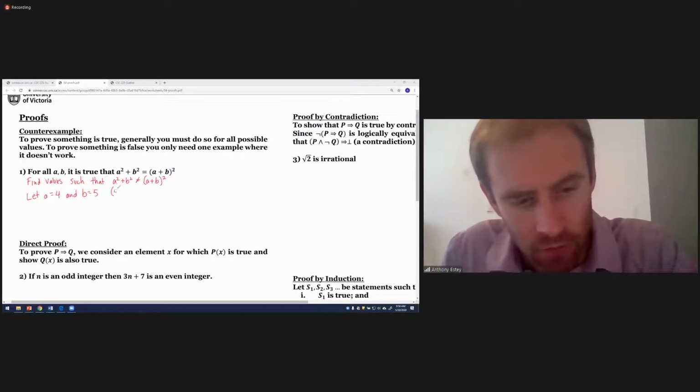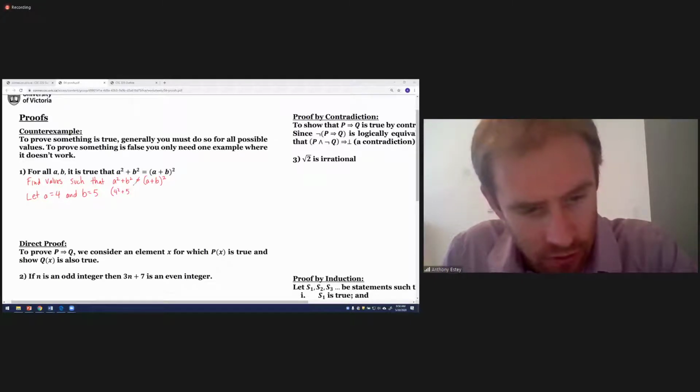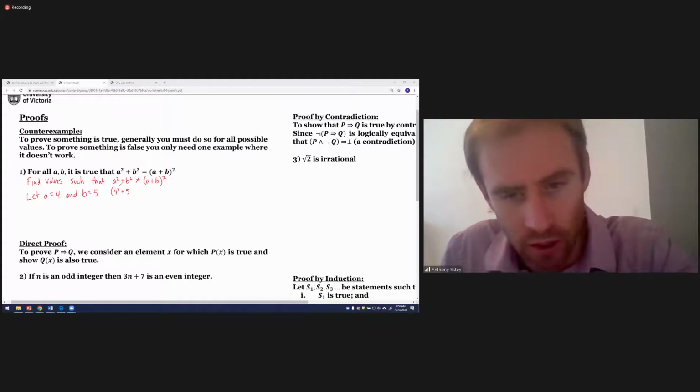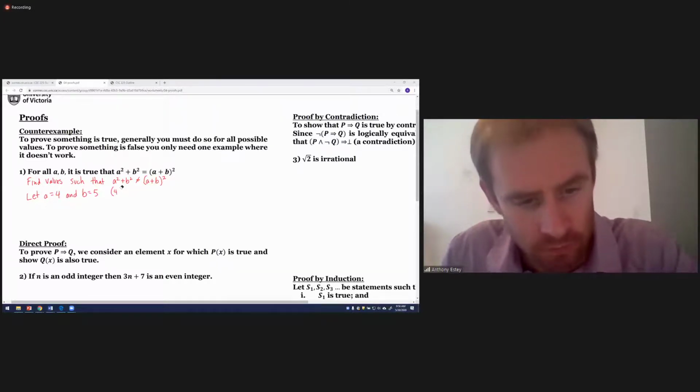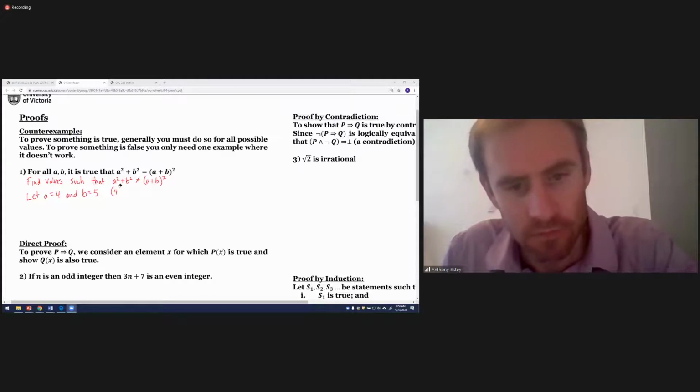We have 4 squared plus 5 squared, which we'll see is not going to equal (4 plus 5) squared.